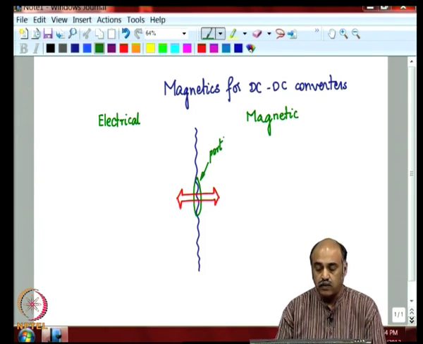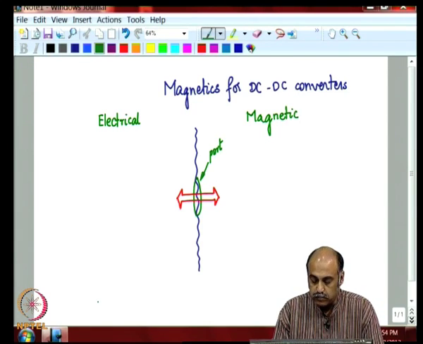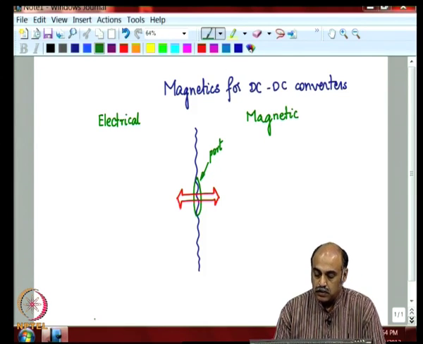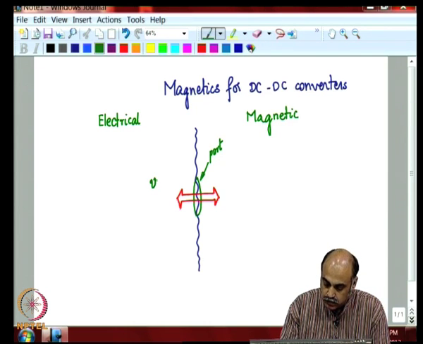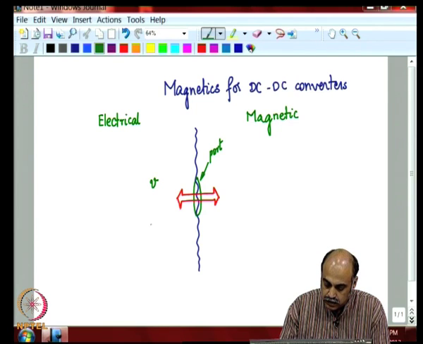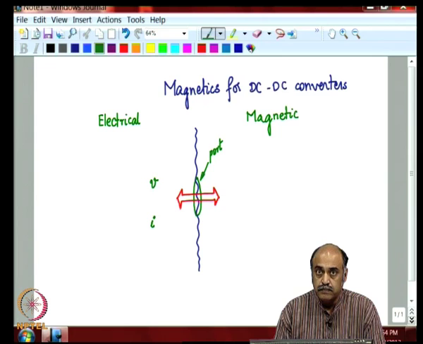It is like all ports, electrical ports. It has two conductor points, two wires, and two variables. On the electrical side, we have V, the voltage, and I, the current variables.